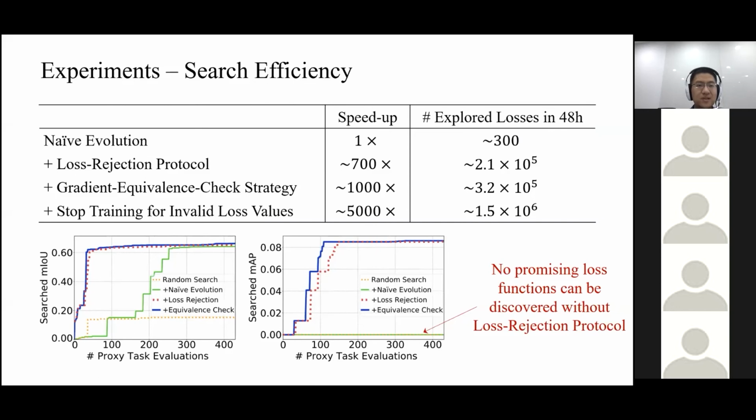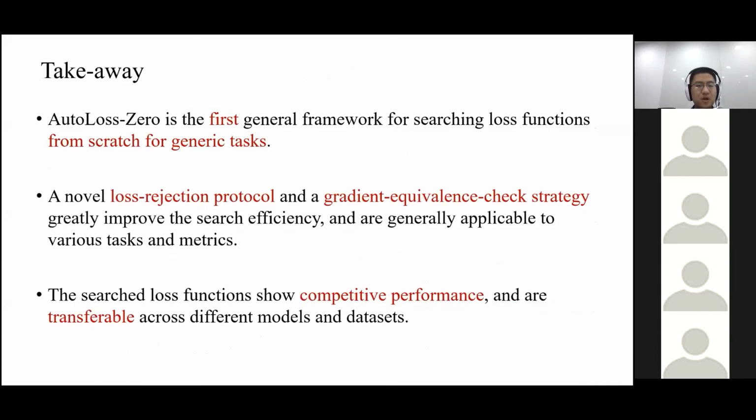Then there is the search efficiency. By introducing the strategies specifically designed for loss functions, we can improve the search efficiency by a lot. So the takeaway is that AutoLoss-Zero is the first general framework for searching loss functions from scratch for generic tasks.